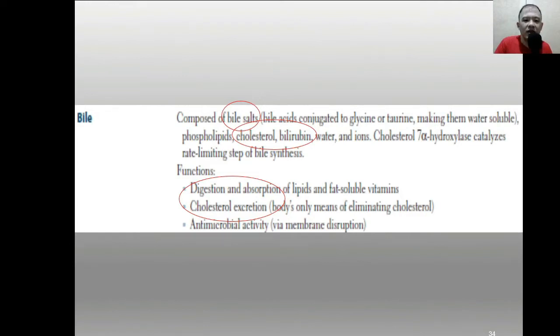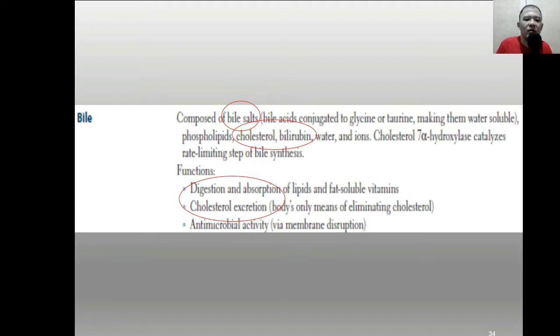Before we discuss bilirubin, let me talk about bile. So the bile is composed of bile salts, phospholipid, cholesterol, and bilirubin. That's why when there is an obstruction, you also have a problem in the cholesterol.